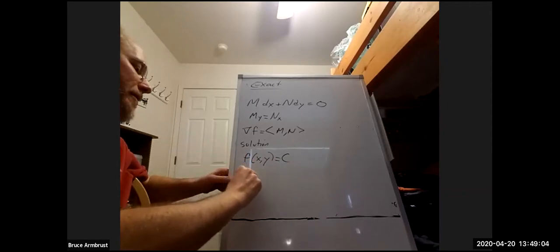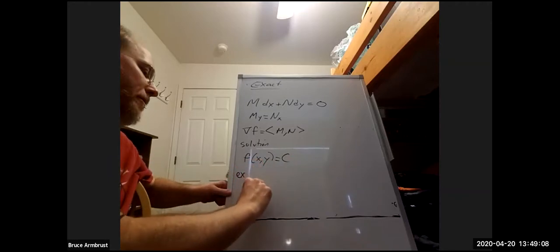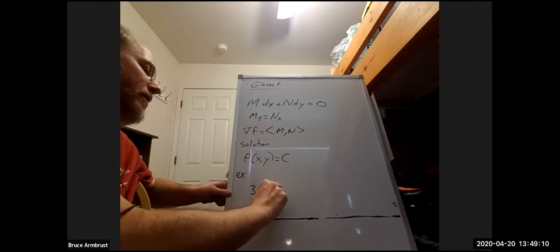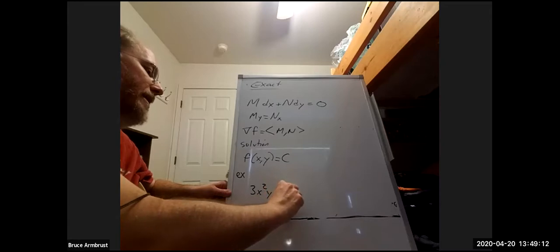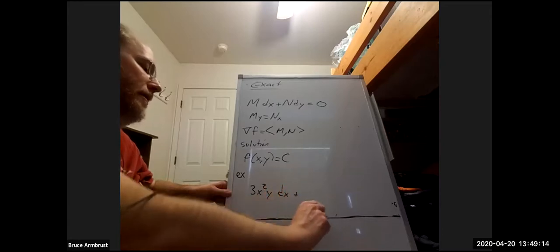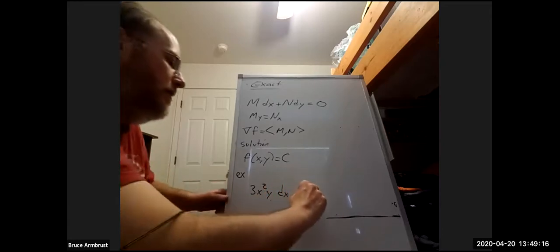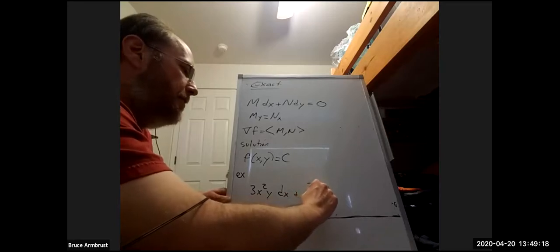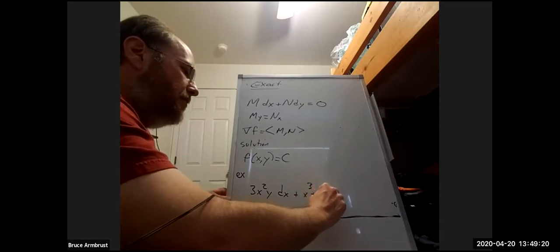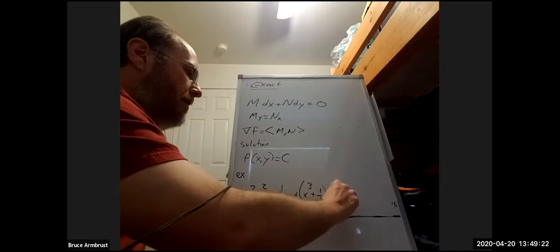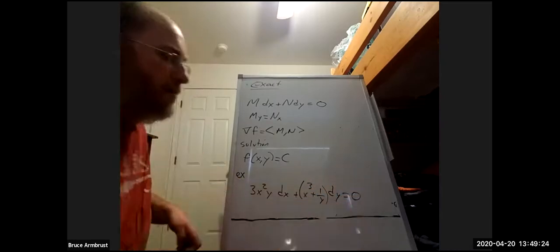So let me give you an example. An example of one of these would be something like 3x squared y times dx plus (x cubed plus 1 over y) dy equals 0.